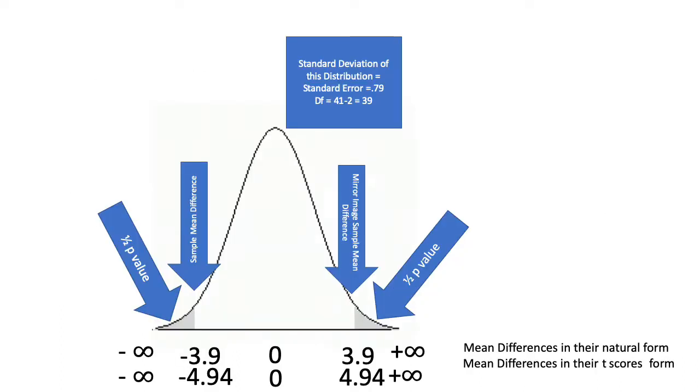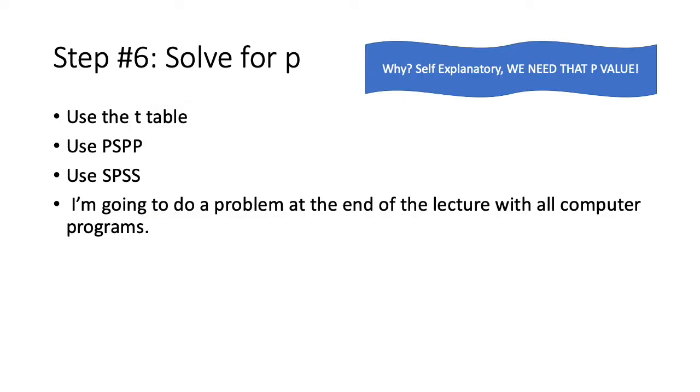We find our p-value, or we're trying to. I'm putting my known t-scores on the distribution. So I'm seeing in the original scores of the means and in t-scores, I've just added another number line. We're going to solve for p, which I can use the table. I'll show you how to use that again.